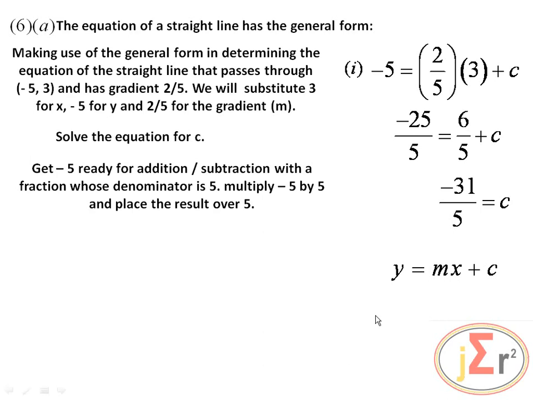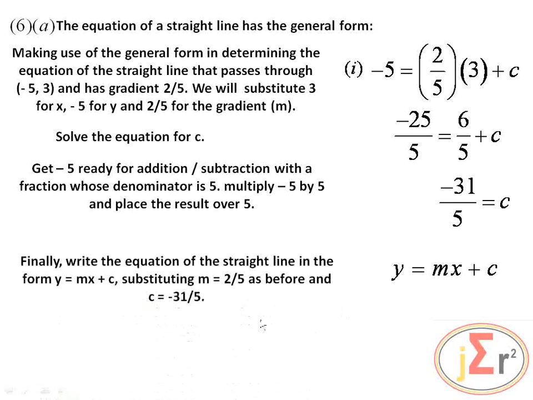Now we have the value of the gradient that we know to be 2 over 5, and now we have the value of c, -31 over 5. Those we will substitute into the equation.